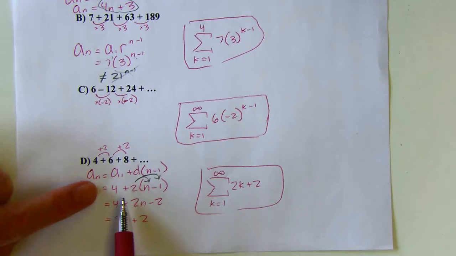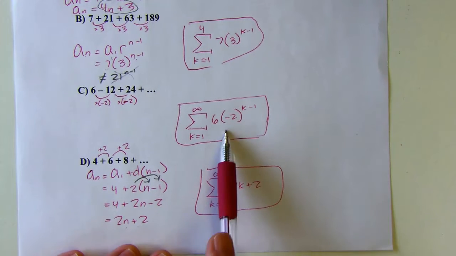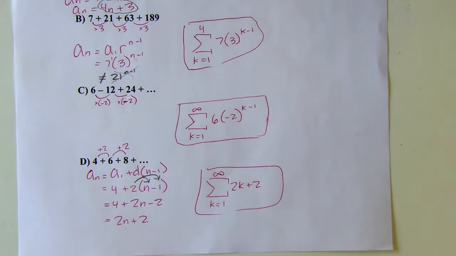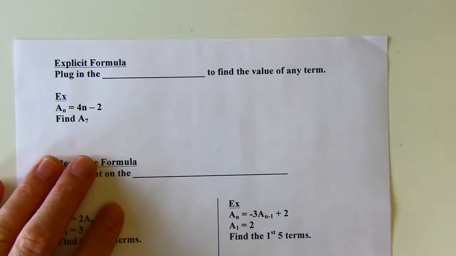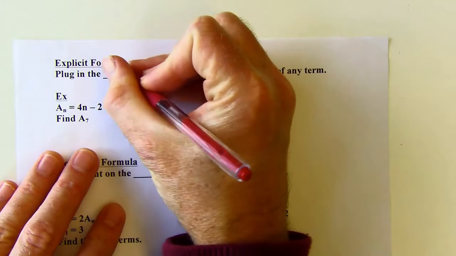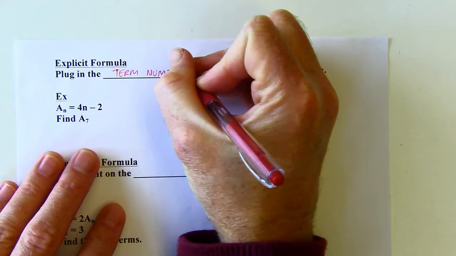And same here, when I've got this cleaned up one here, I can plug in any term value. So that happens in these term builders. So all of the formulas that we've been using for the term builders and the specific terms are called explicit formulas. You plug in the term number into the formula in order to find the term value.